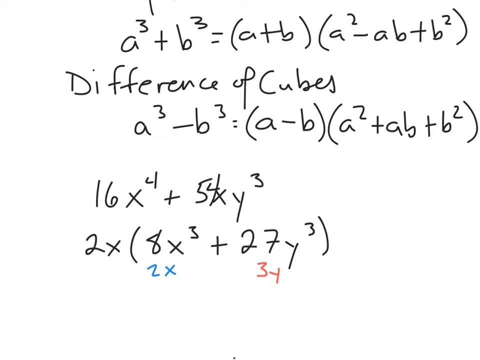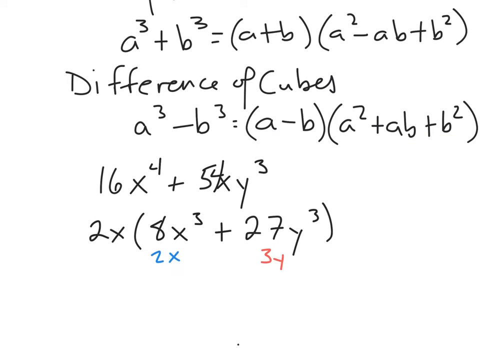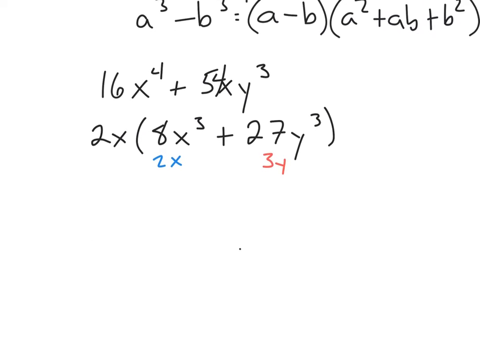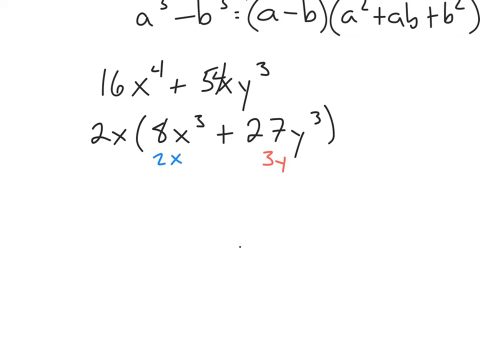So from here, we can start to factor. So we still have that 2x that's sitting out front, right? That hasn't changed. But now we can write a binomial that is 2x and then plus 3y. And then I get a trinomial where I take a and I square it, right?